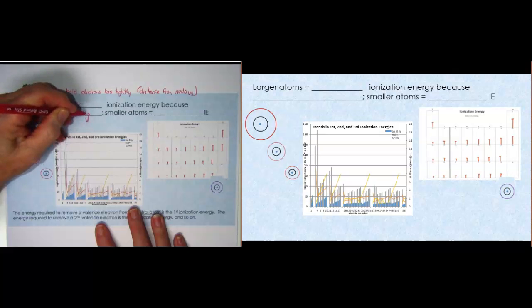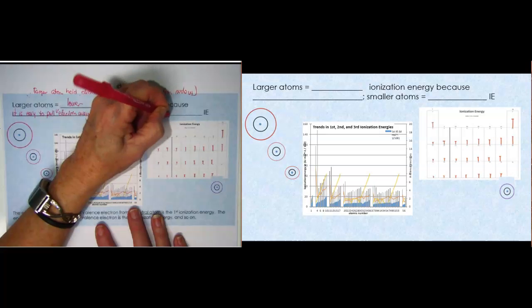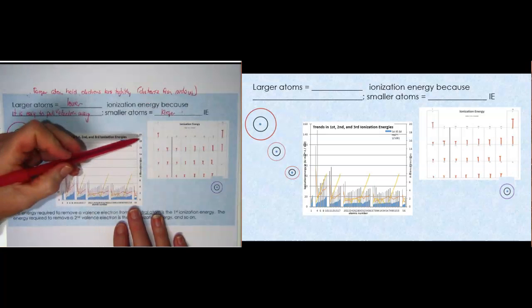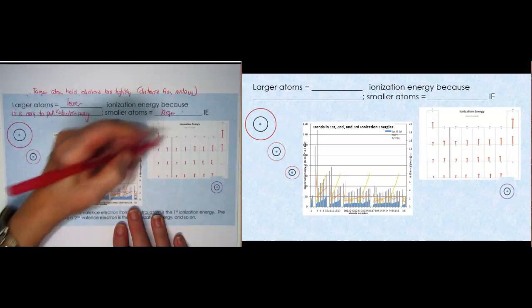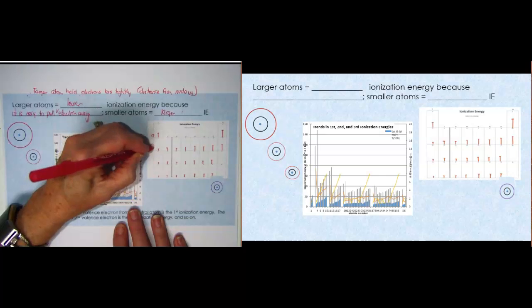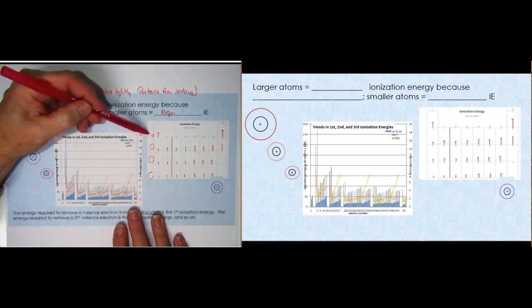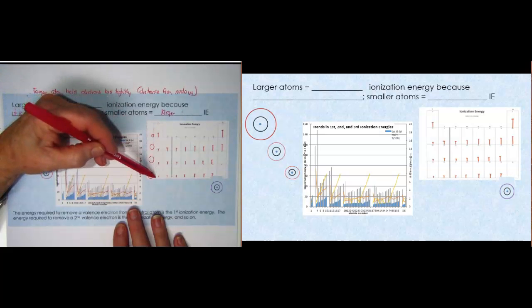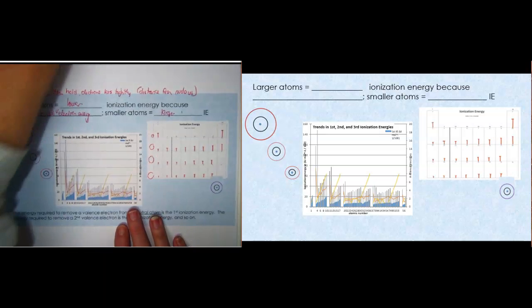On the other side of it, smaller atoms have larger ionization energies. And guys, here's what your trend says. Let's look. We got a small atom here. Let's go with the atomic radius. You got a small atom here, and it has a very large, comparative to the other ones in the column, a very large ionization energy.